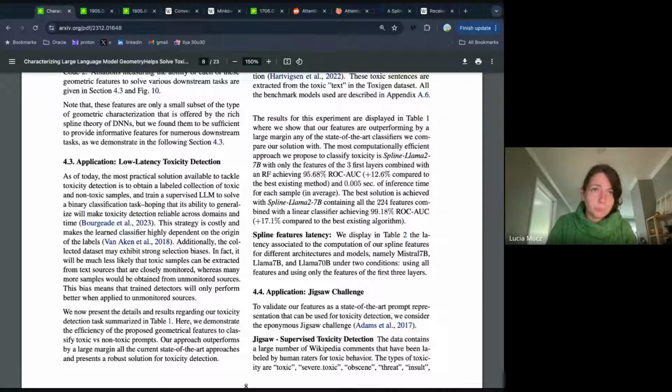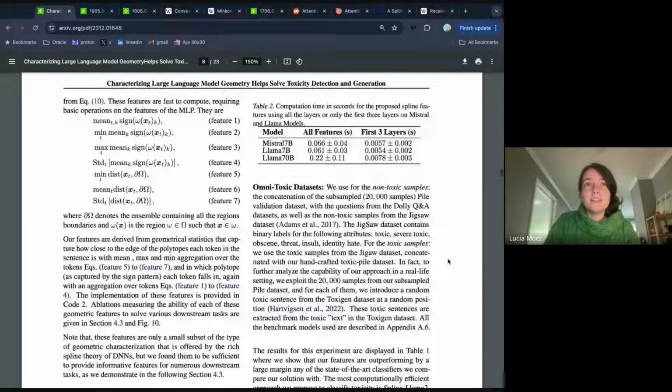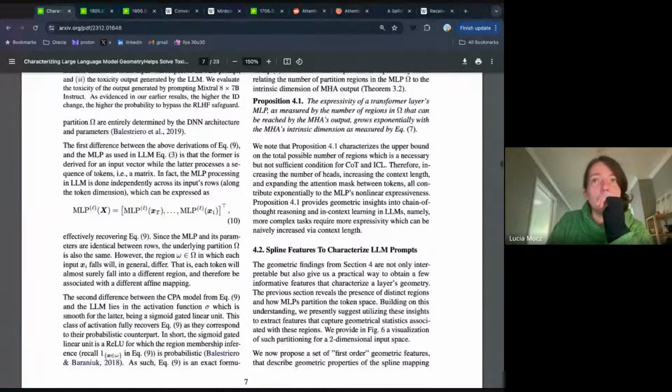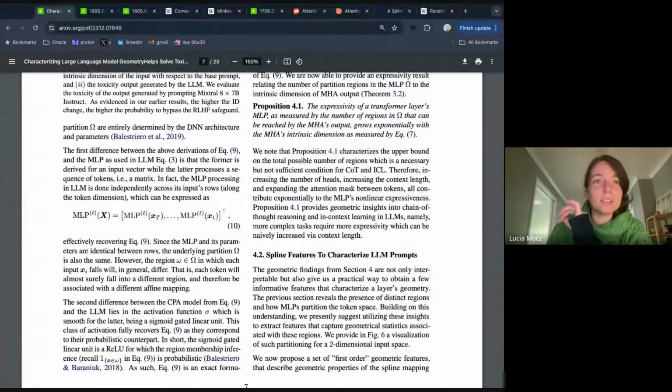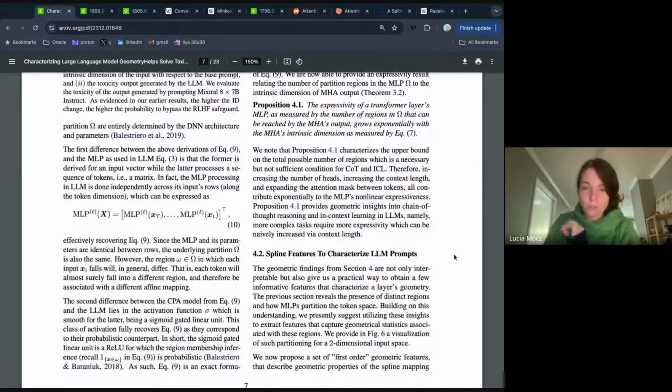So what they do is... okay, I will admit that I'm not so clear on how exactly they use Proposition 4.1.